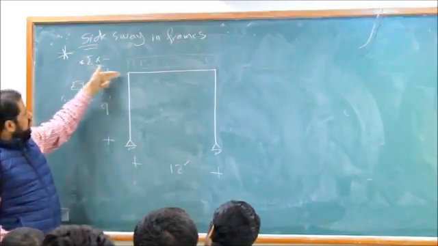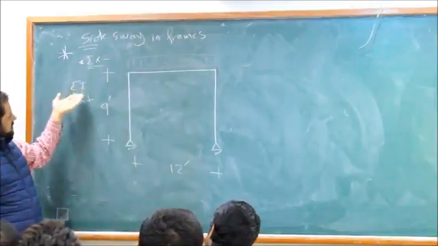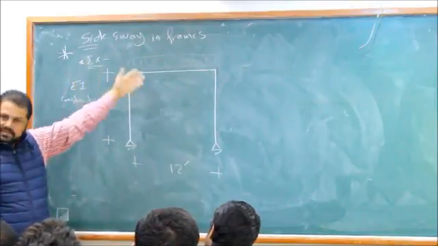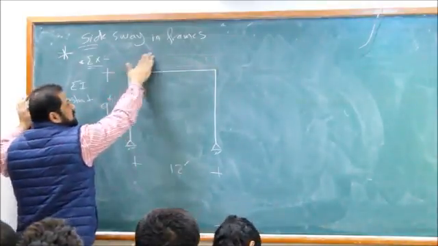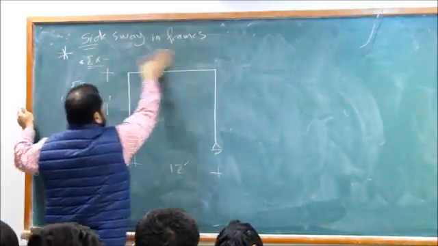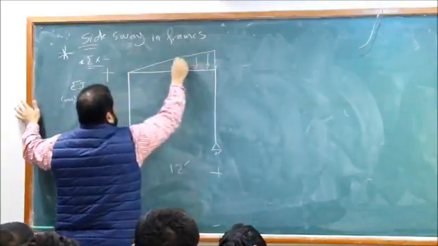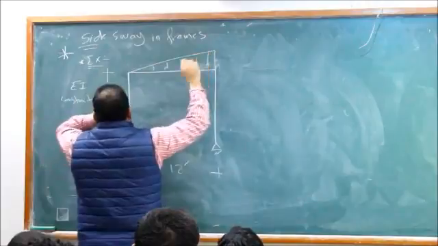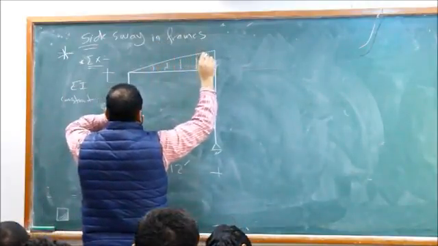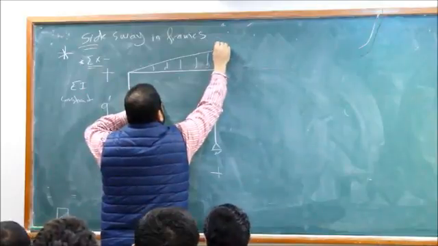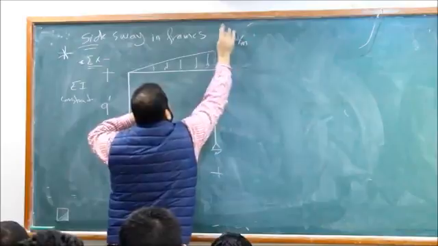If you have a lateral load here and something here, you can solve this plus this. Or you have a lateral load here, anything. This plus this. Now, what if you have the following? This is what I will solve today. You have 20 kilonewton per meter.